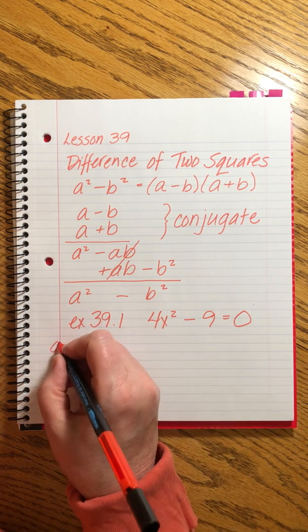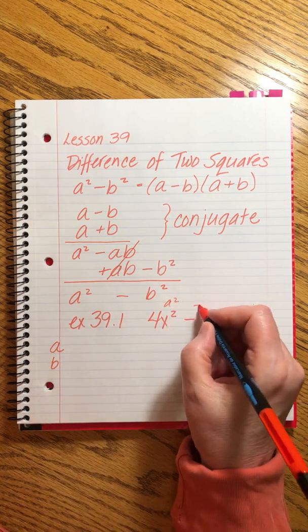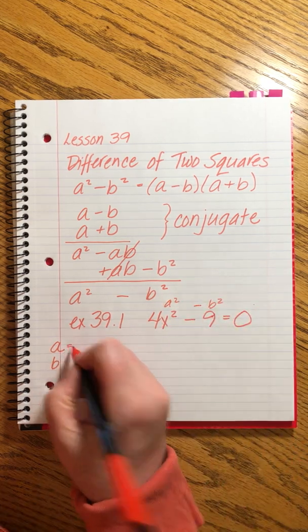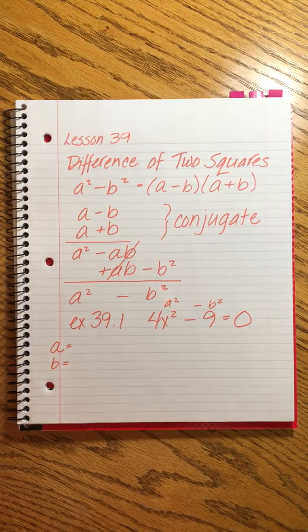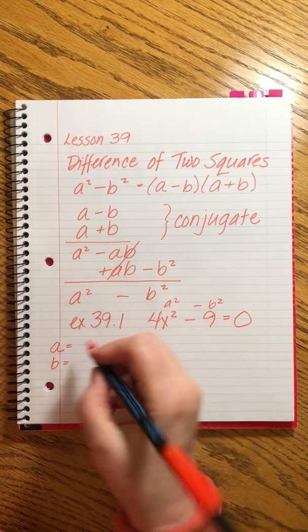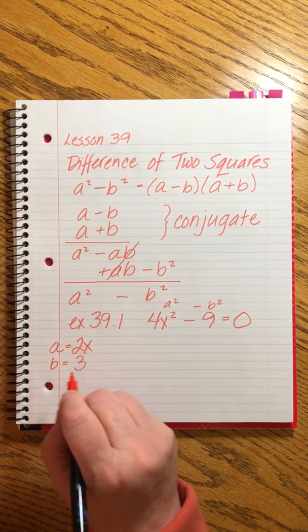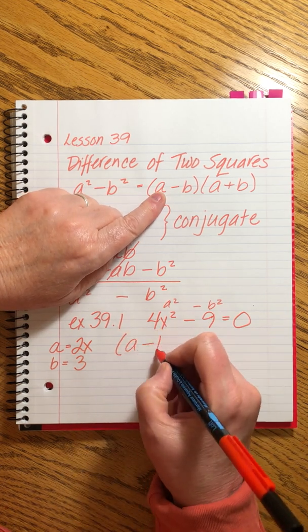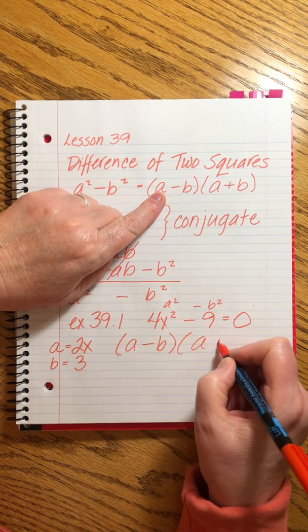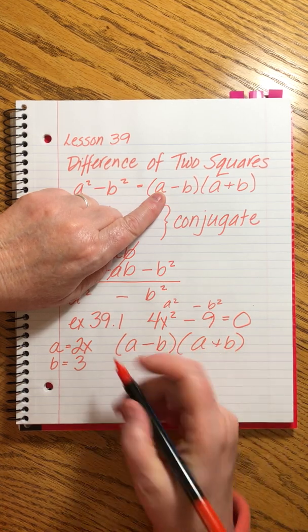So what we do over here is we say, okay, if this is the pattern of a squared minus b squared, then let's find the root of each of these terms, and that is what we will define as a and b. So the square root of this would be 2x, and the square root of this would be 3. Now we can write this as a minus b times quantity a plus b. Again, it doesn't matter which order the plus and minus are.